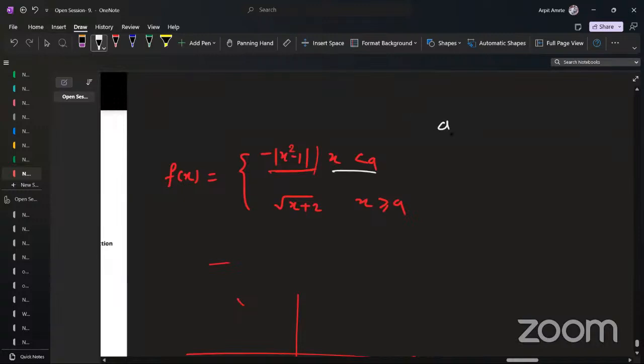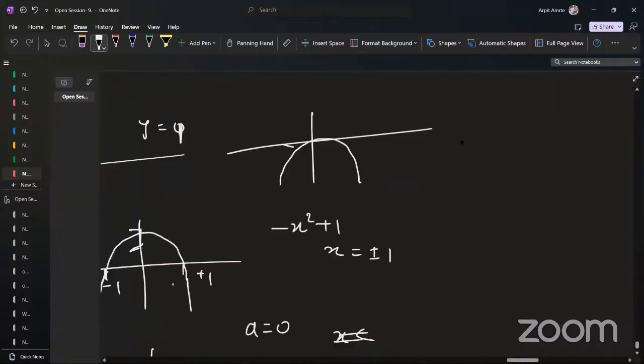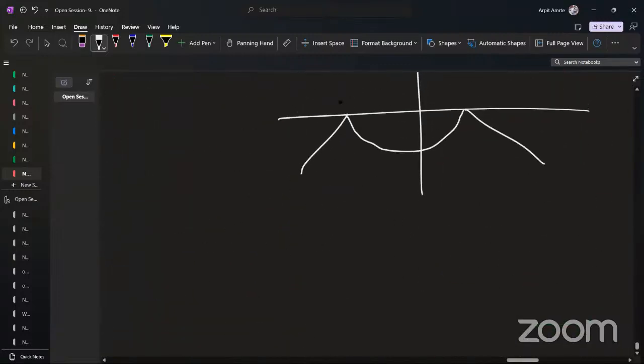So if I put any value of a which is greater than or equal to -1, see, this is my -1, this is my +1. Suppose I am taking this value, minus 3/4, I will take.